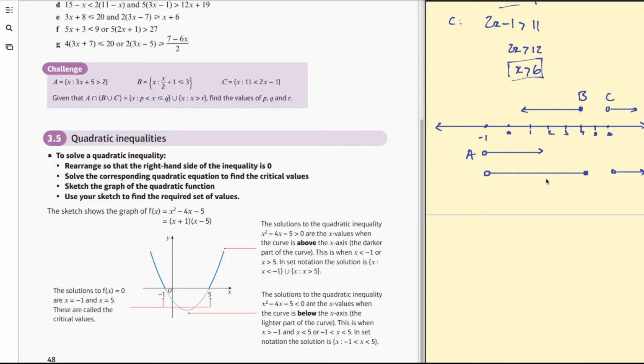In order to satisfy all of these sets, we would have x between -1 and 4, union, or x greater than 6.